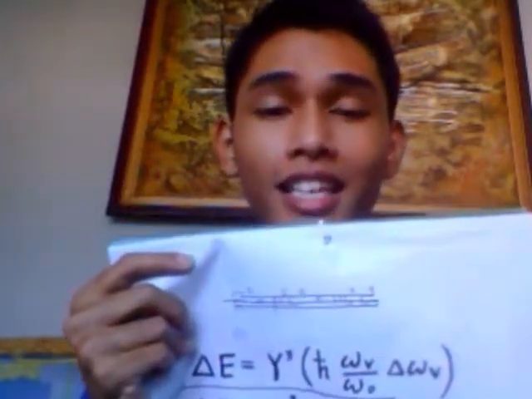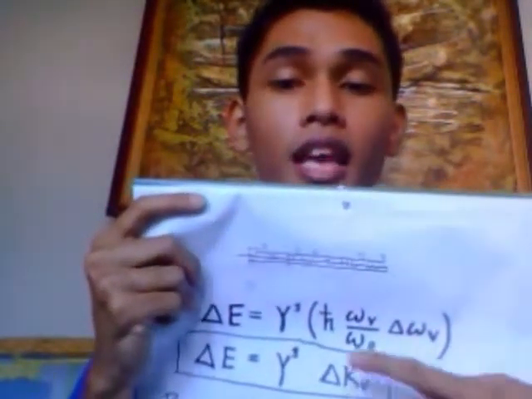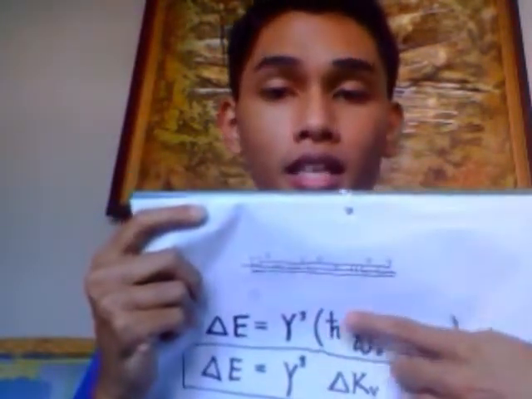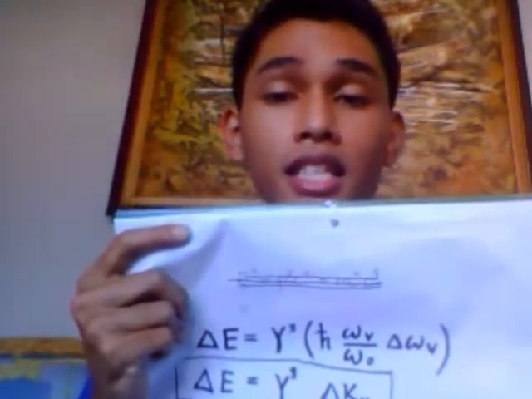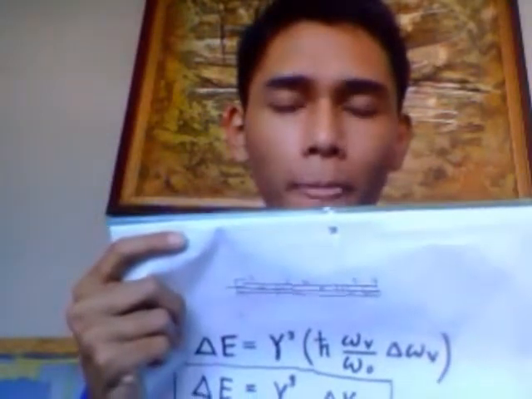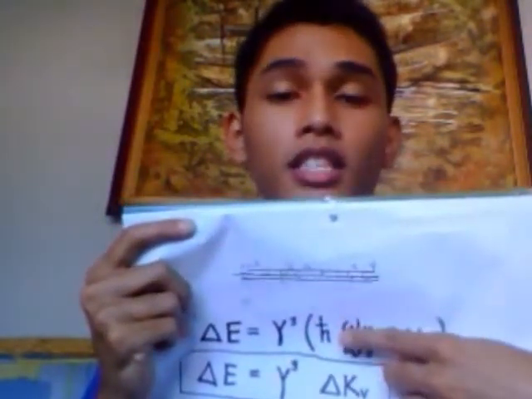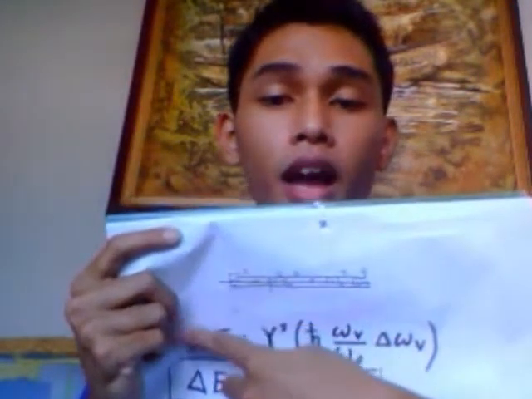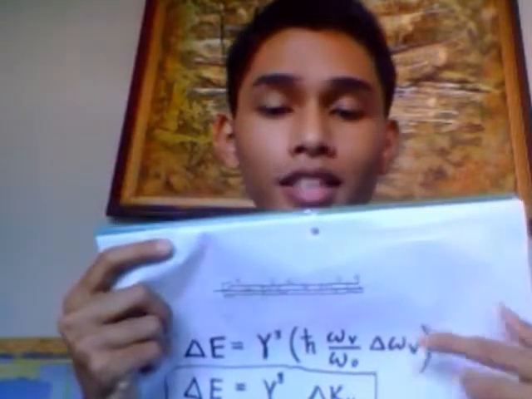This is exactly the same form. So we can understand the term inside the bracket as if it were the non-relativistic kinetic energy uncertainty. Also, this term is obtained by deriving this energy with respect to the frequency.